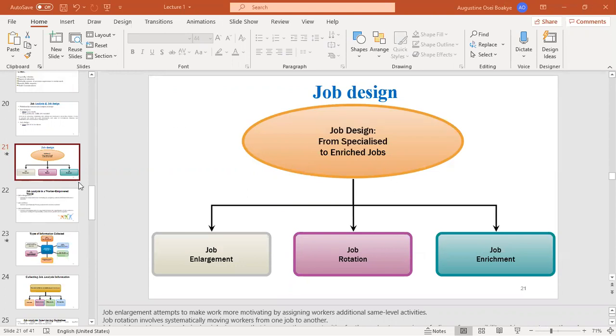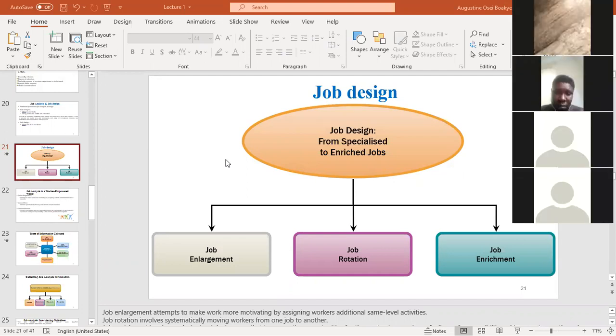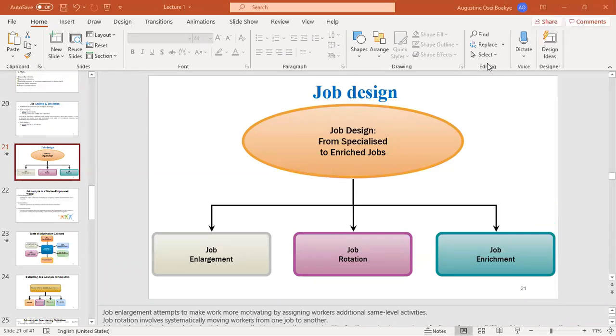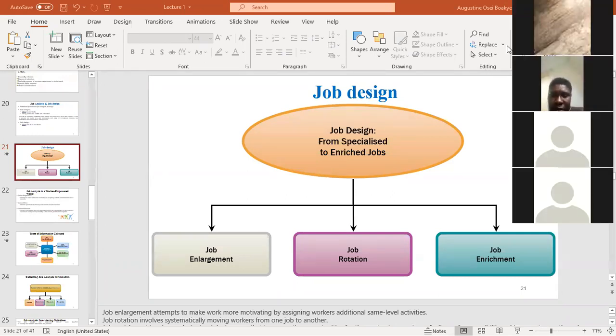Now, I am saying that there are several typologies of job designs, but at this level, I am introducing you to just three. The three are job enlargement, job rotation, and job enrichment.